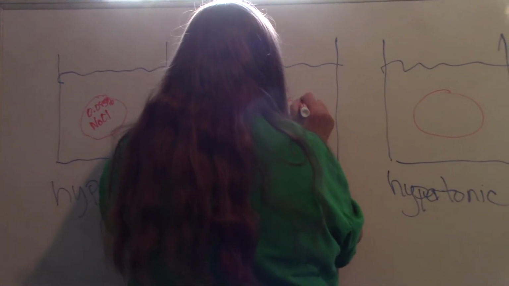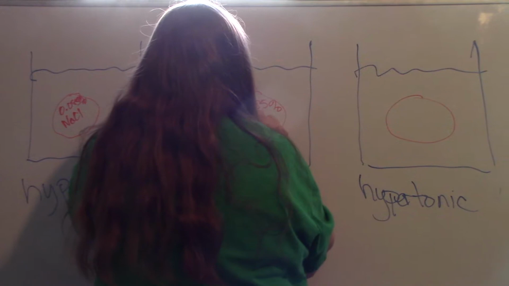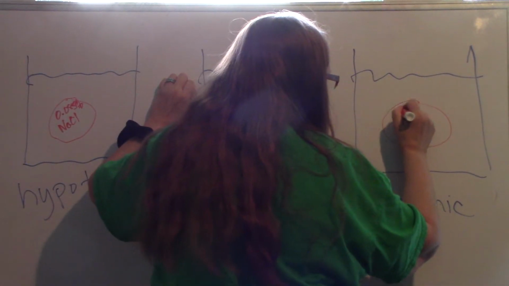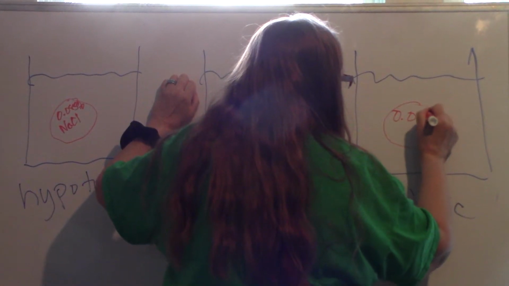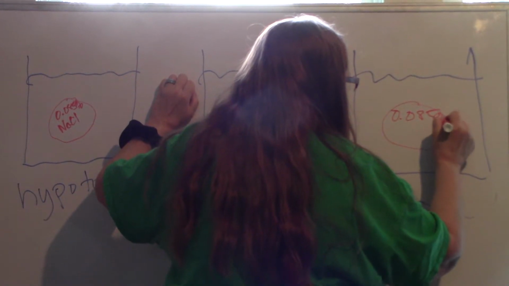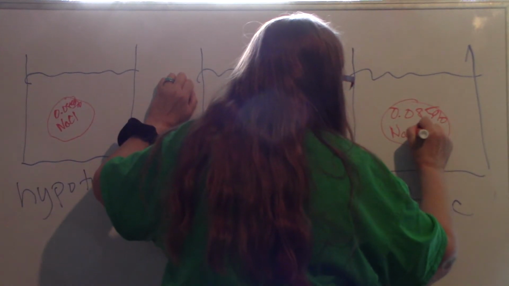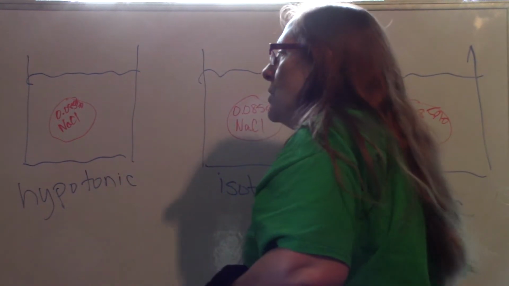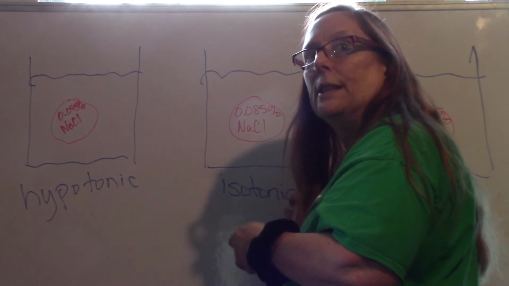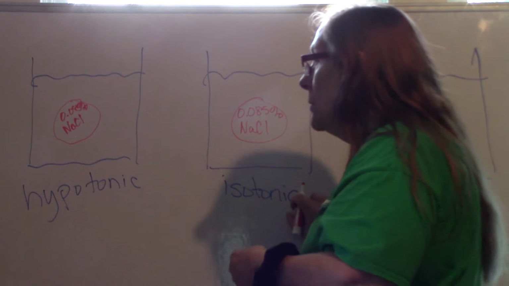It's the same for all of them. This is how your red blood cells are. Now this works for other types of cells, but I'm just using this as an example. So we know what the solute concentration is inside the red blood cell of salt, sodium chloride.